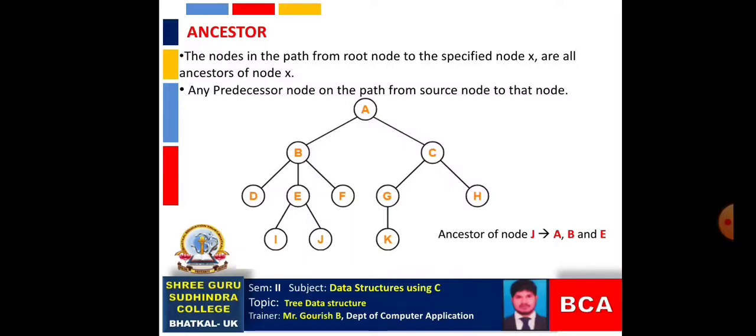For example, the ancestors of node J: from the root we count A, then B, then E, then J. Except J, all the remaining are ancestors of J. For node K, the ancestors are A, C, G. For H, A and C are the ancestors.